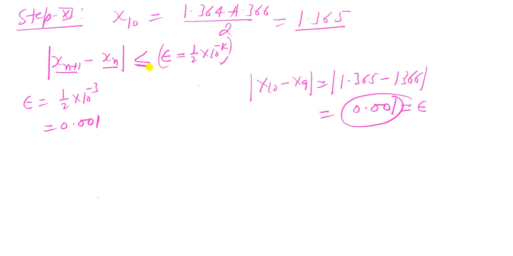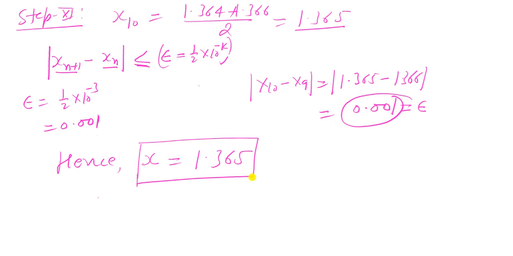So hence the desired root of the given equation with the help of the bisection method, x is equal to 1.365. So this is the value of the root, that is this root is known as the approximate root of the given algebraic equation with the help of the bisection method.